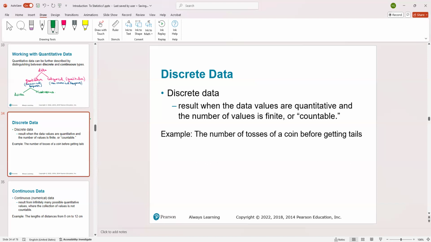How many suitcases in the airplane? Those are discrete. So we can have the number of suitcases, yellow M&Ms in a candy bag, right? All right, so that's discrete.